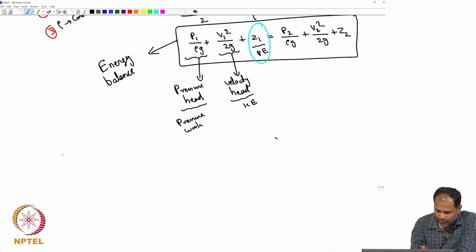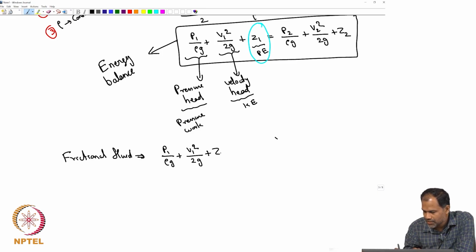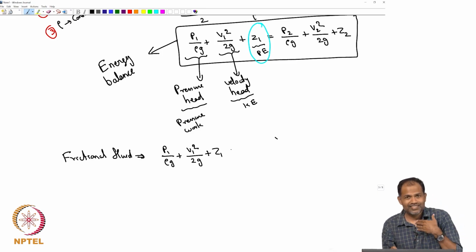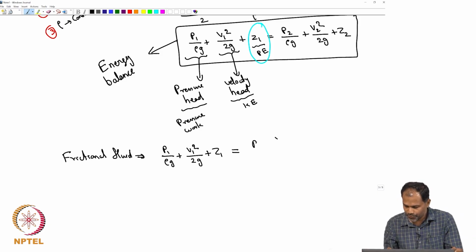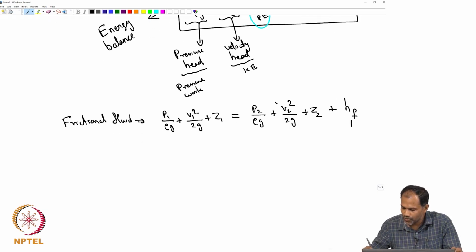So, for a frictional fluid, you can say that your equation is P1 by rho g plus V1 square by 2g plus Z1, let us say that is the energy that is in, equal to P2 by rho g plus V2 square by 2g plus Z2 plus a quantity HF, which we will call a head loss.